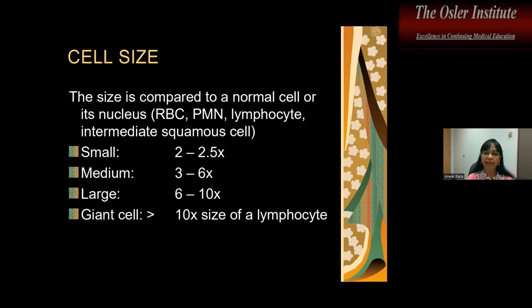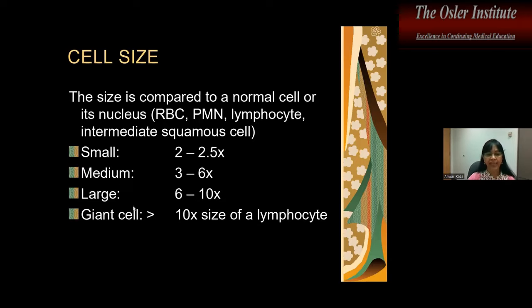So you compare that to something that you have an idea what the size is, something that you know what a normal cell size is, or its nucleus. You can use a red blood cell, neutrophil, lymphocyte nucleus. And then in GYN cytology, we use the intermediate squamous cell nucleus as a yardstick, right? So then some of these we say, well, these are small, medium, or large, or giant cells.